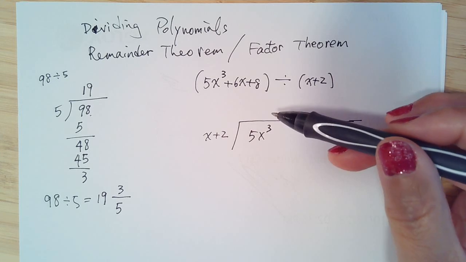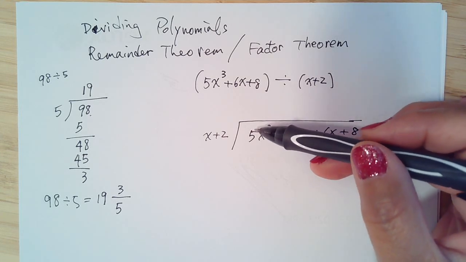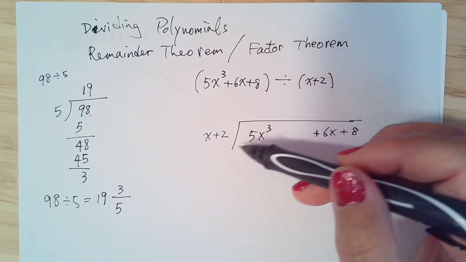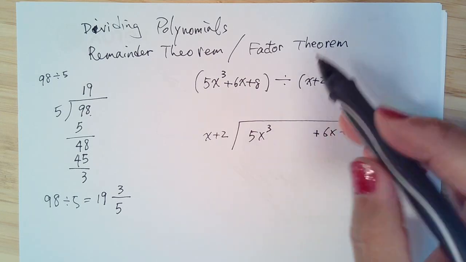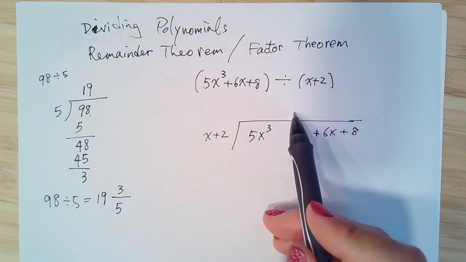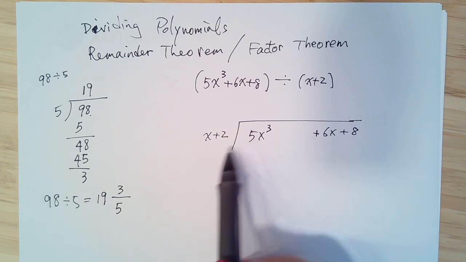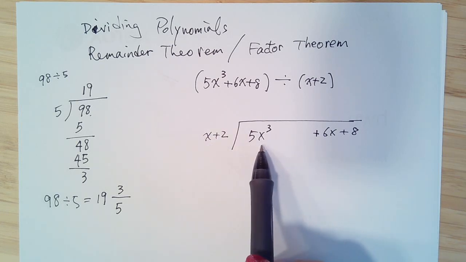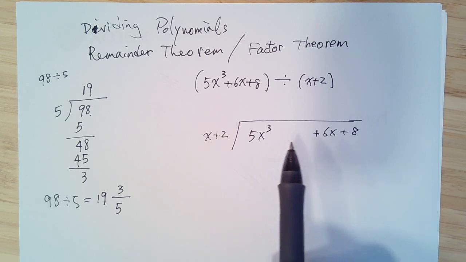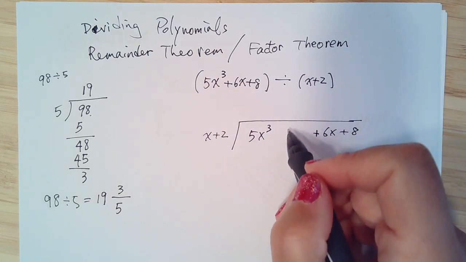Now, very similar. Can you find how many x plus 2 in the cube term? Which means you're looking for something multiplied by x. We only care about the first term. Multiply by x, you get a 5x cubed. What would that be? That would be 5x squared. So I put that on the top of the square term.